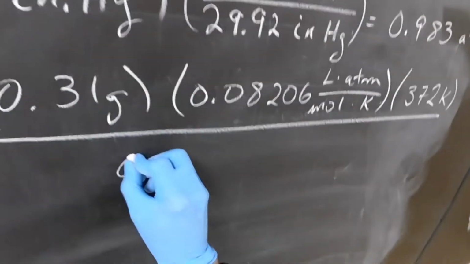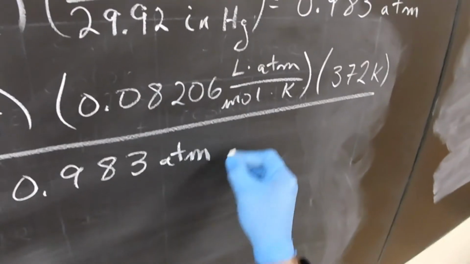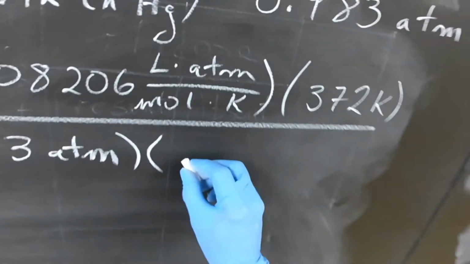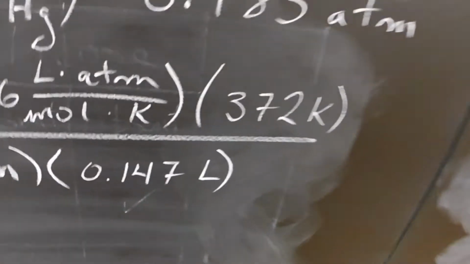How many atmospheres? 0.983. And volume. What's the volume? 0.147 liters.